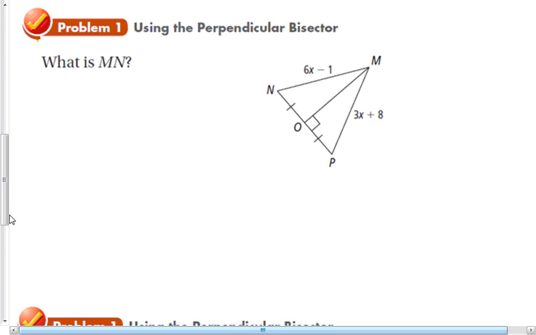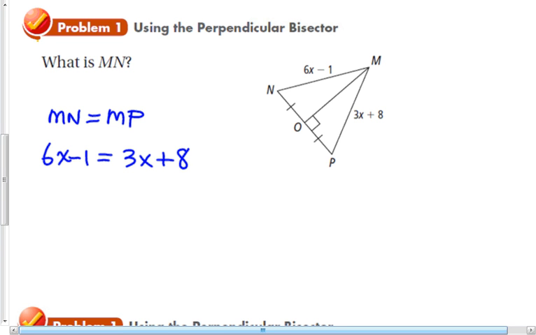Actually, MN is a line segment, but we want to know the length of MN. And we know that MN is equal to MP, and that's by the perpendicular bisector theorem. So we can substitute 6x minus 1 and 3x plus 8 for each of those.